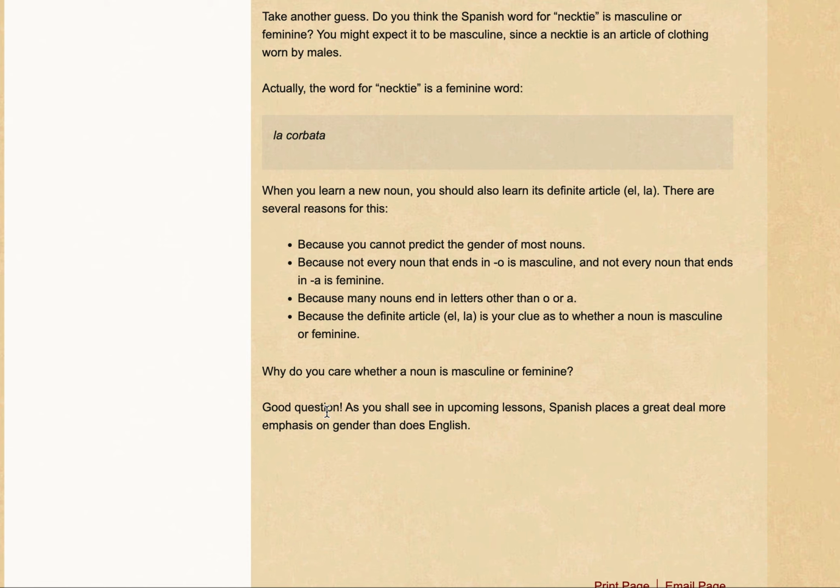There are several reasons for this because you cannot predict the gender of most nouns. El vestido is a dress, and in Spanish it's the masculine word, and a necktie, corbata, is a feminine word, and that's why we denote it with la corbata, because not every noun that ends in o is masculine, and not every noun that ends in a is feminine, because many nouns end in letters other than o or a, and because the definite article el or la is your clue as to whether a noun is masculine or feminine.